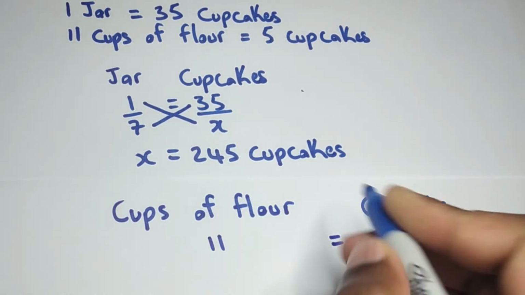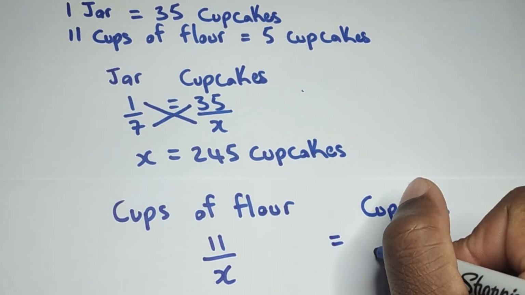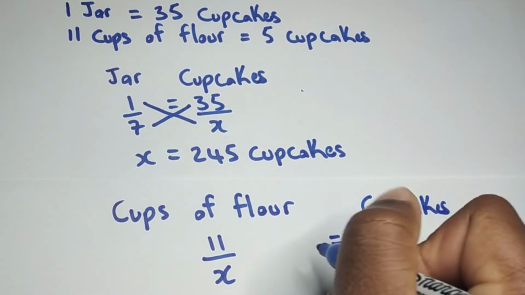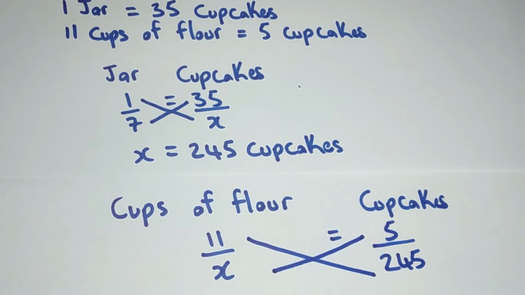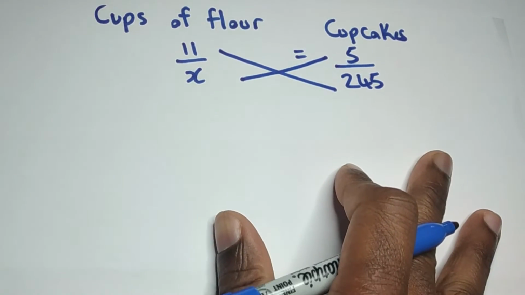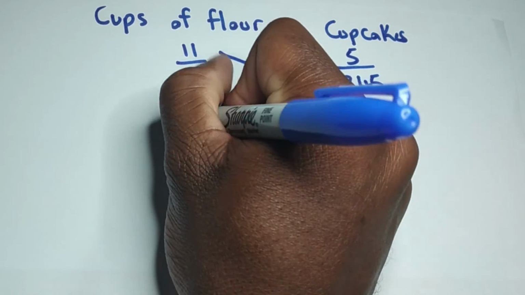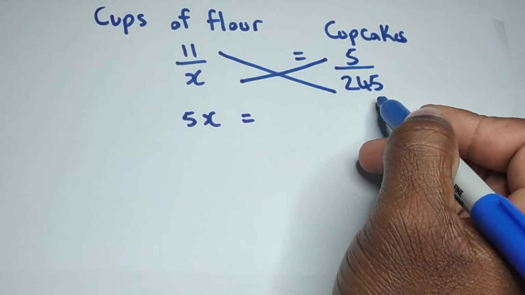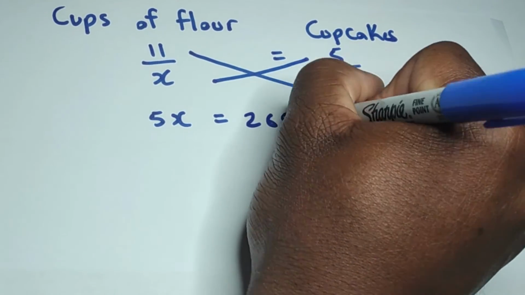Now we want to know how many cups of flour, which is X, it will take to make the 245 cupcakes. We can cross multiply, being that this is a direct proportional scenario. So what will we have now? X times 5 will give us 5x, and 11 times 245 will give us 2695.